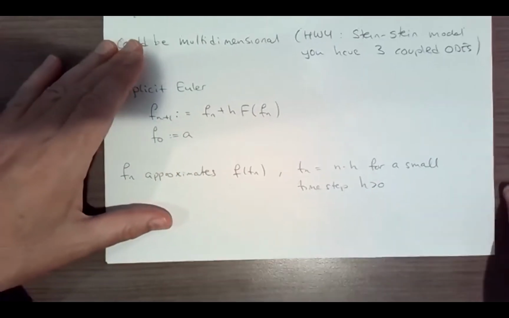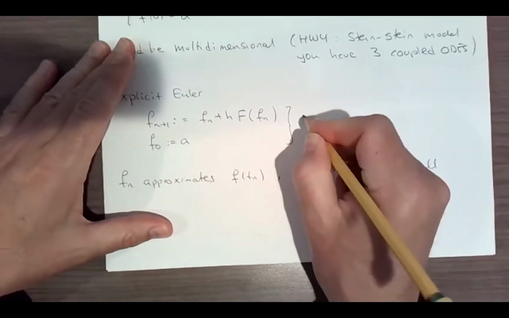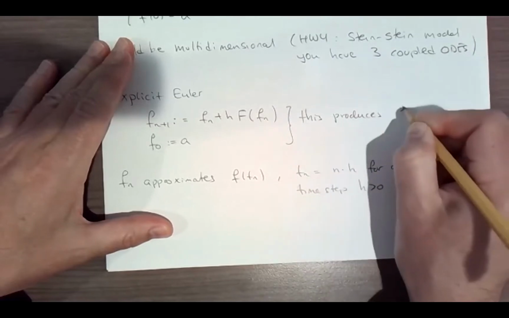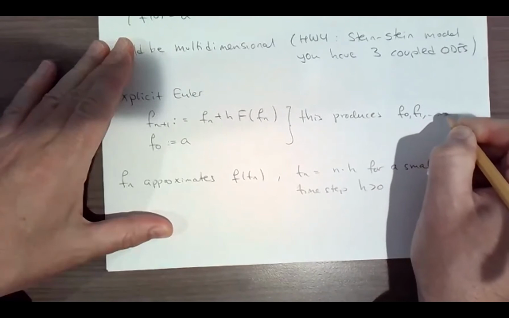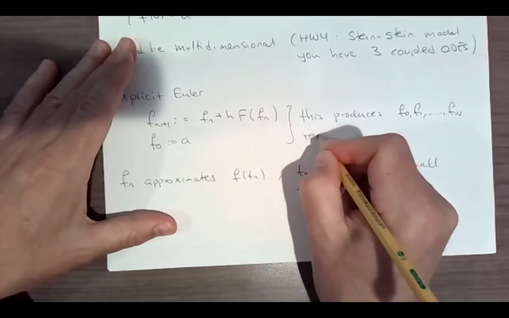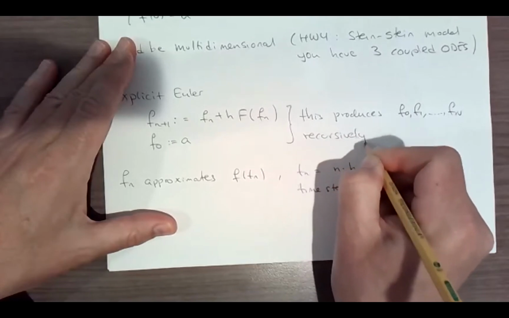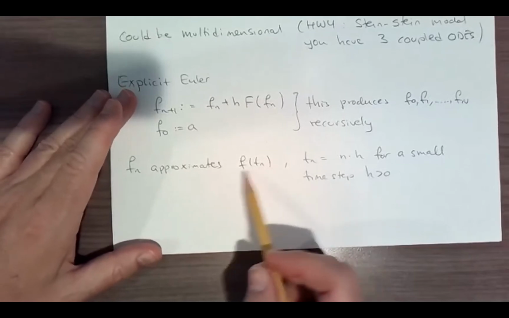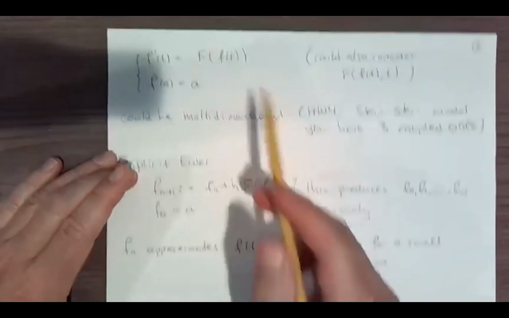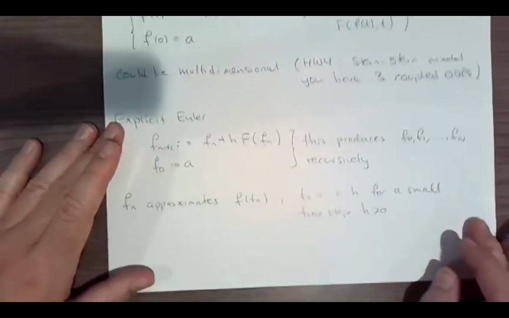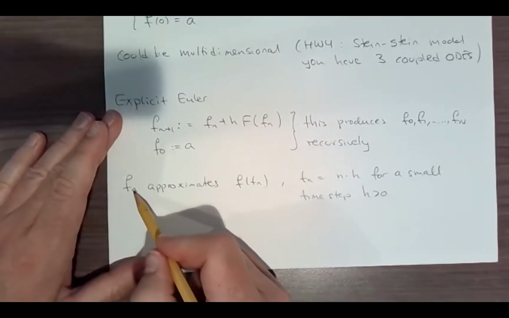So this recursive formula produces F0, F1 up to Fn recursively. And we are hoping that Fn approximates this value. Here, f of Tn is the actual solution to the ODE. So when you see Fn, this is the approximation, a single point.